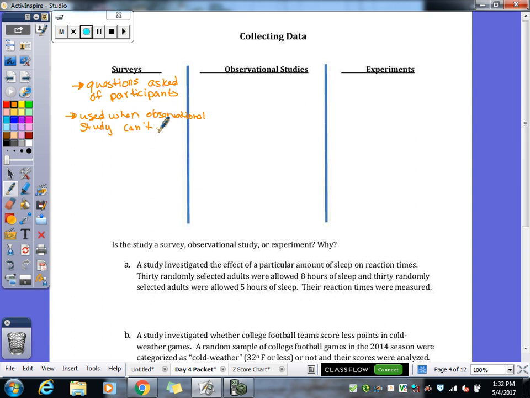So some problems with this is generally surveys, you are a lot more likely to get some bias or flaws with them.